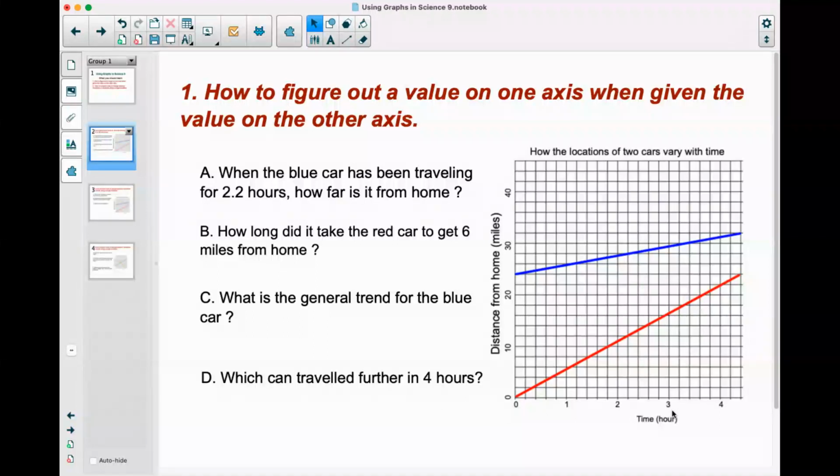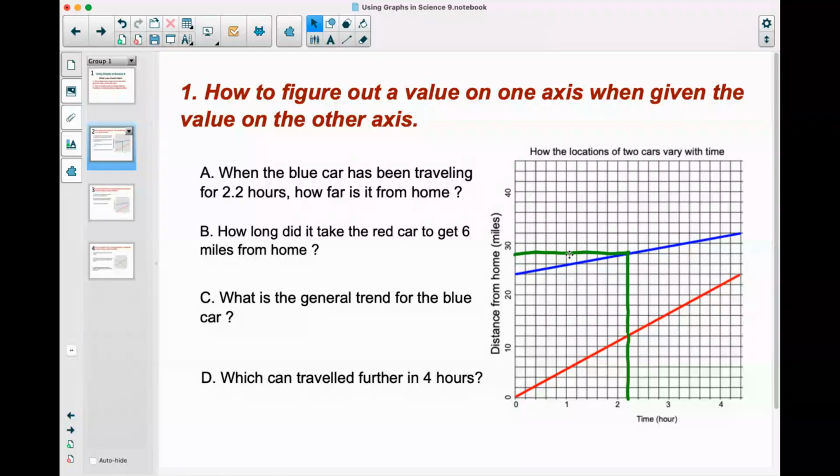We're going to find down here on the time axis 2.2 hours. Right here's 2 and here's 3, so this is 2.2 hours. And if I draw a line up to the blue car, which is up here, we'll notice that at that very moment, the blue car is 28 miles from home.